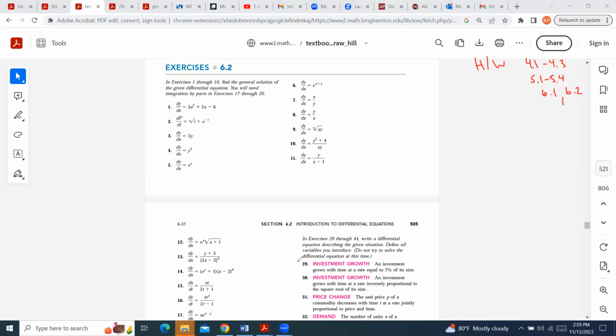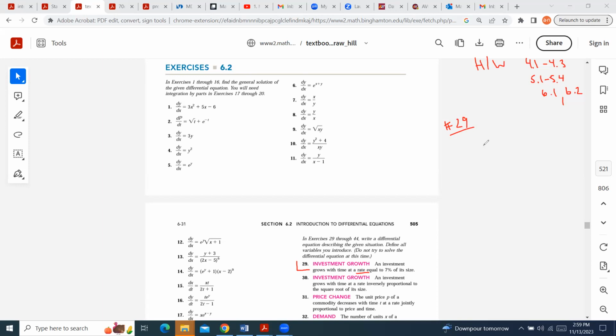So take a look at one exercise today, like number 29, that talks about investment. And they say the rate, well, rate of change, that's a derivative.